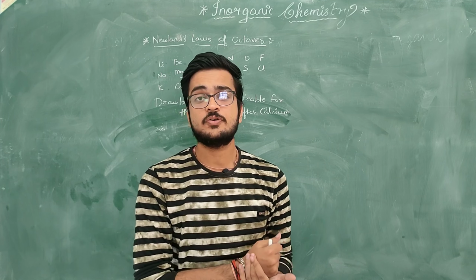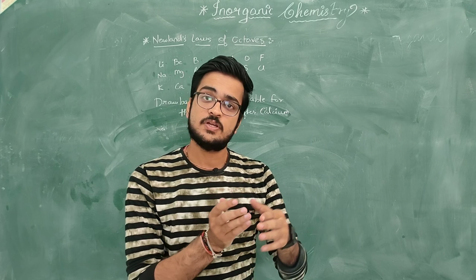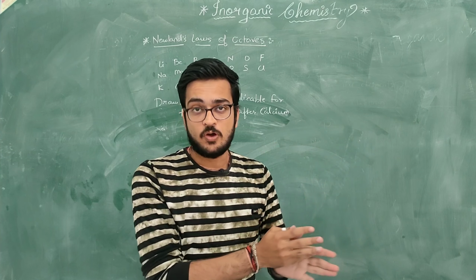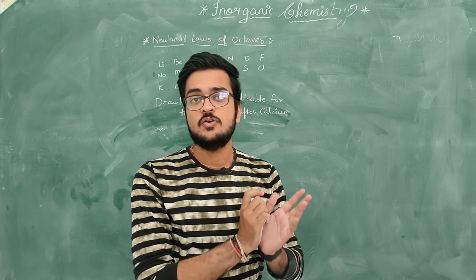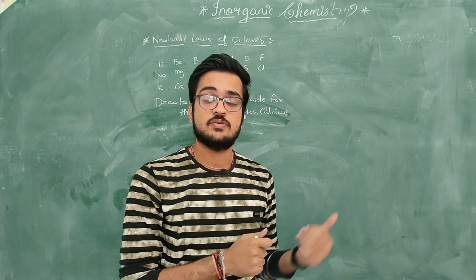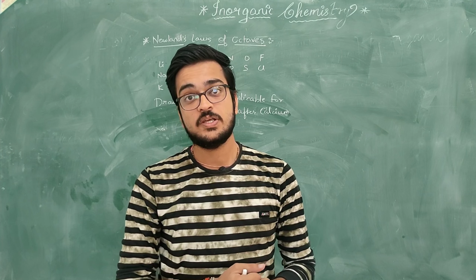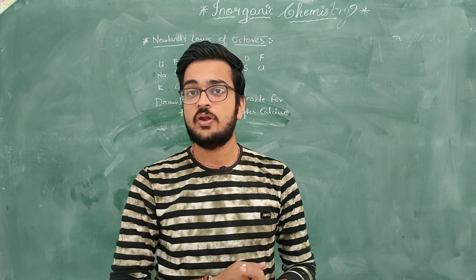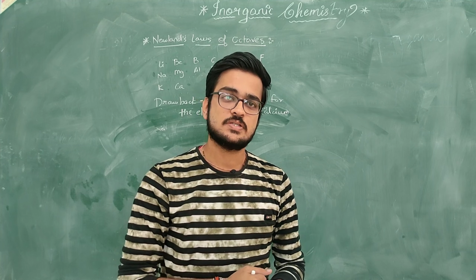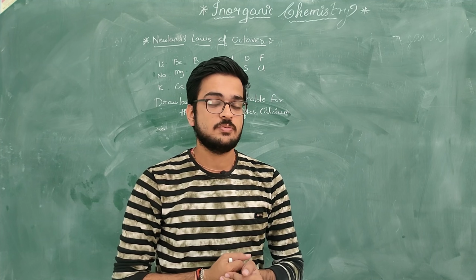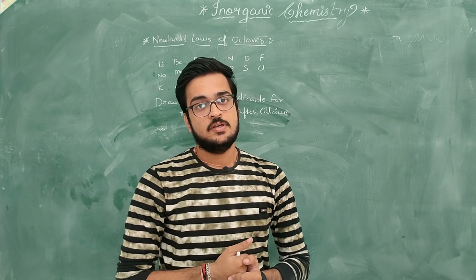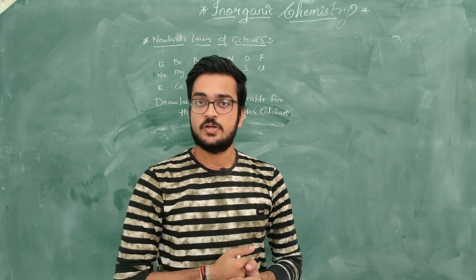In the modern periodic table, they have been given a different block, an entire different row. So here again there was a problem of where to place the noble gases, and Newlands could not solve this problem. His law was not satisfactorily solving the problem, so here his law was again disobeyed.